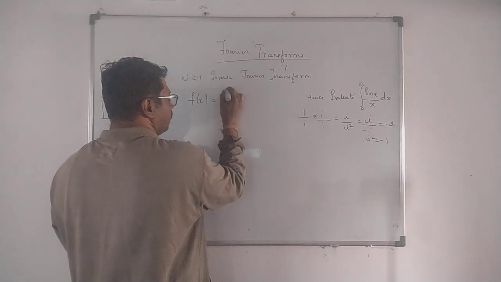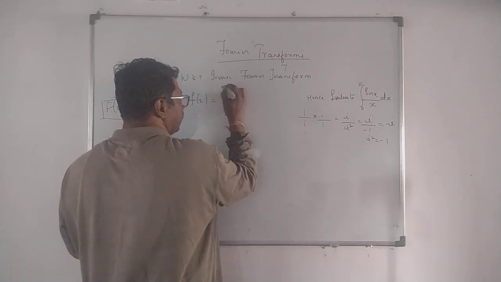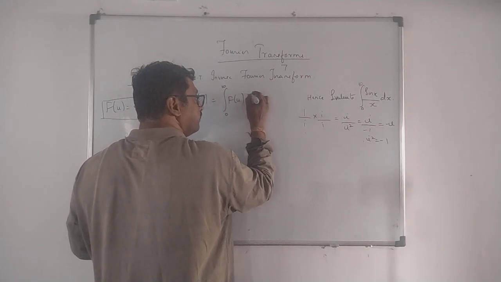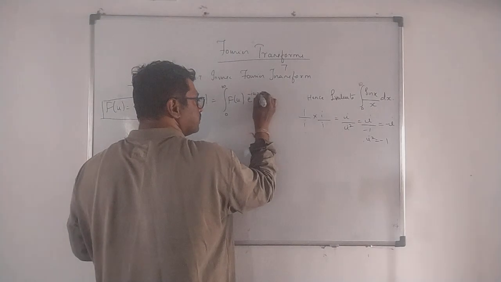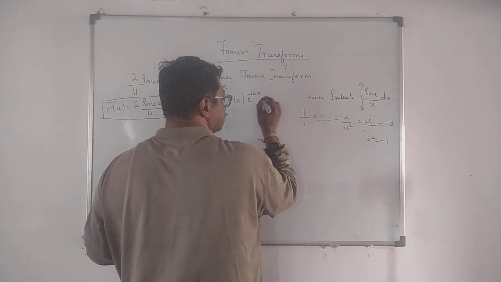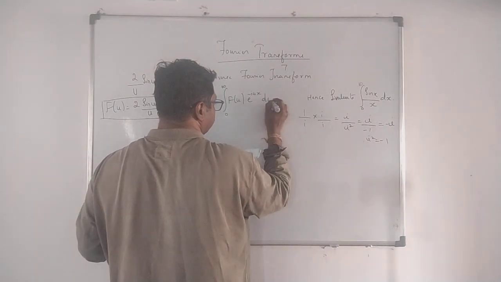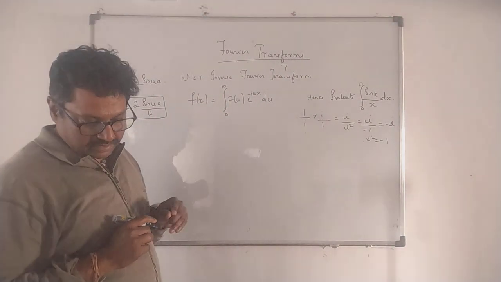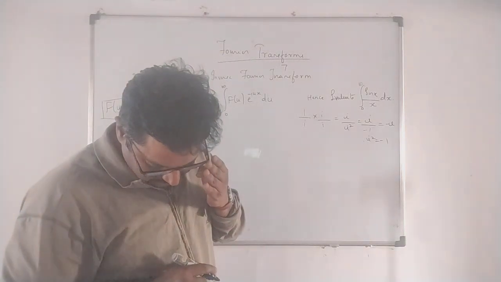You get the integral from 0 to infinity of f of u e to the power of minus iux du. This is how to solve the problem.